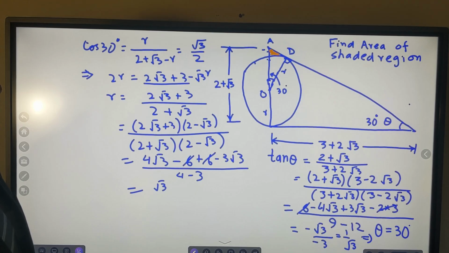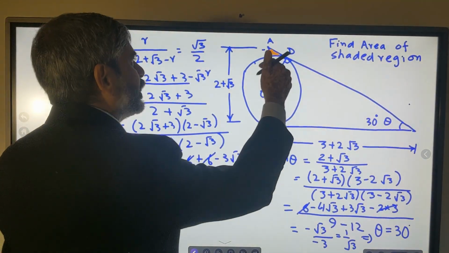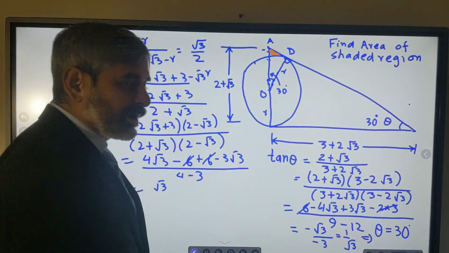So what next we will do is, now that we know r, we can find the area of this arc.